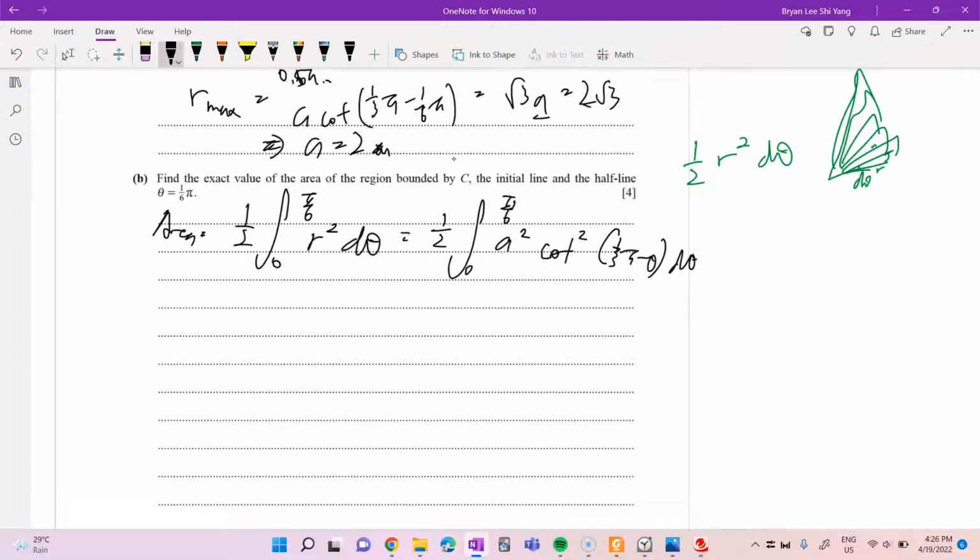Let me recall, I think I kind of forgot my differentiation. Give me a minute.